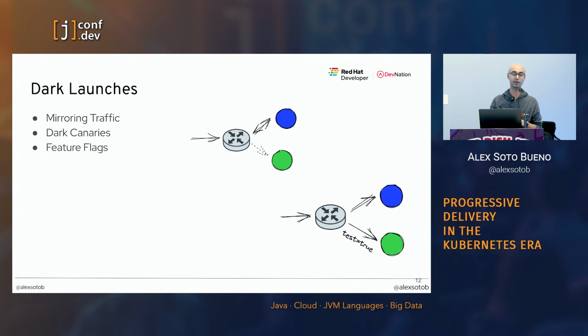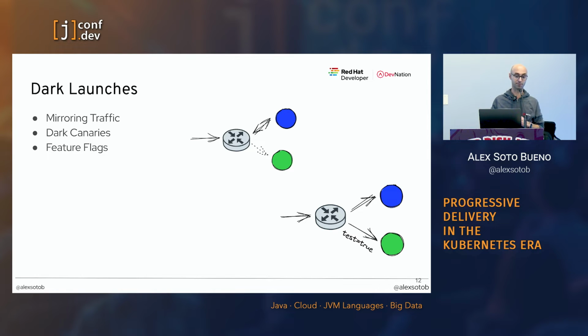But the only important response, the one that is going to be sent back to the caller, is the one from the blue, so from the old one. And the green one, which is the new version, is going to be a fire and forget request. Just send the request and I don't care about the response.